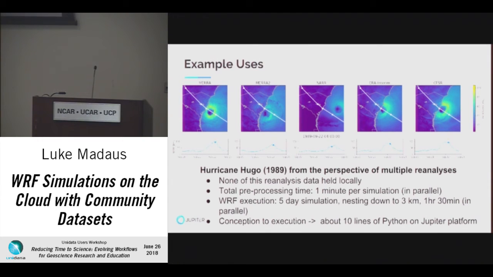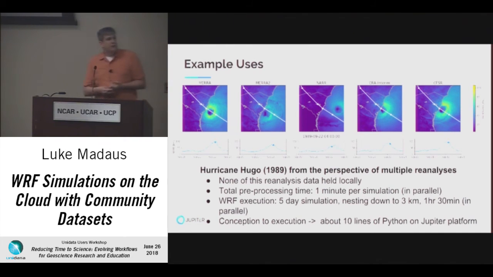But the nice thing is this was, as I showed in the previous slide, 10 lines of Python. I say I want to do all these simulations, just swapping out a list of the kinds of initial conditions I want to use, loop through them, submit them to the queue, and they're done. It took about 1 minute per simulation for the whole pre-processing sequence, which meant going to these THREDDS servers, grabbing the data, converting it to the intermediate format, and running through METGRID and REAL in WRF.